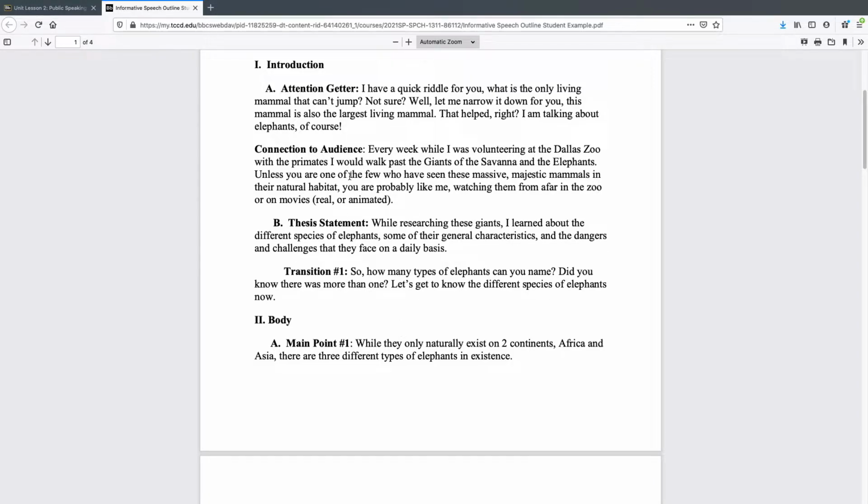Remember, after the connection to audience, preview the main points to the audience. Tell them the main points that you'll be talking about, because this gives them a visual, mental outline of the 3 main points.